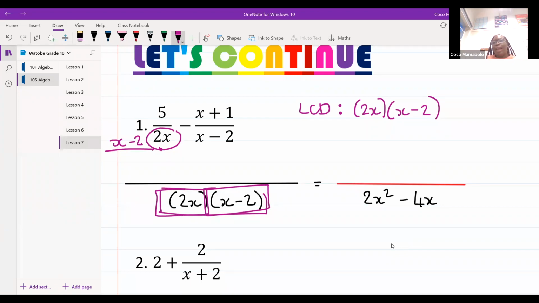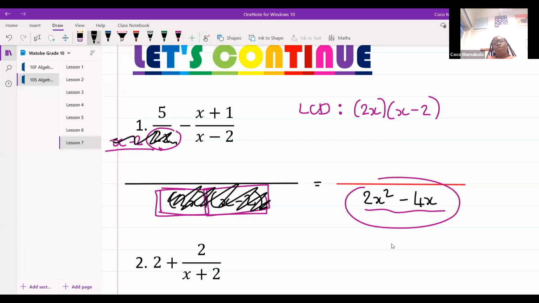But if I multiply out, can you see it from here? Can you see that x minus 2 is missing from over there? If I cover up this one, will you be able to see from here what is missing in my denominator? No, you can't see that it's x minus 2.